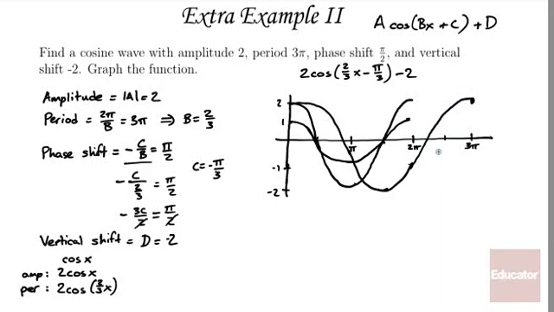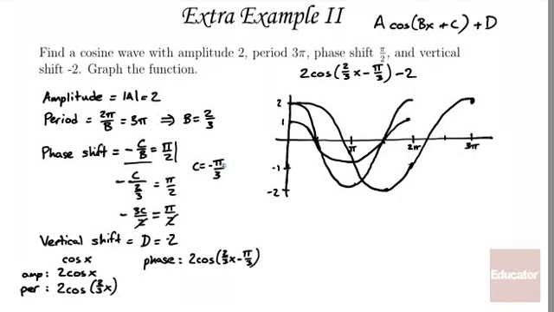So I took the graph and I stretched it out so that it has period 3 pi now. Phase shift, negative pi over 3. So what I'm going to be graphing is 2 cosine of 2/3 x minus pi over 3. Sorry, the phase shift is pi over 2.